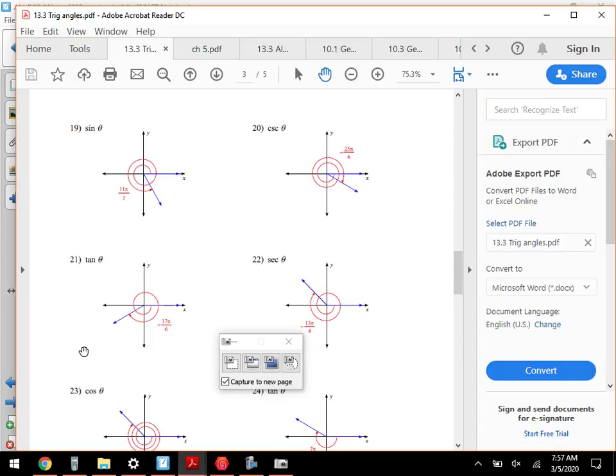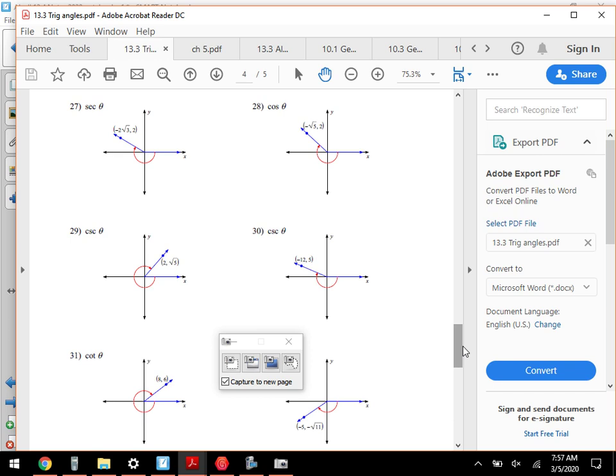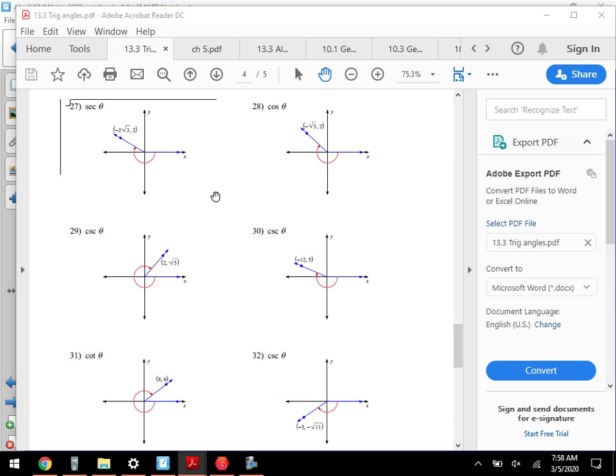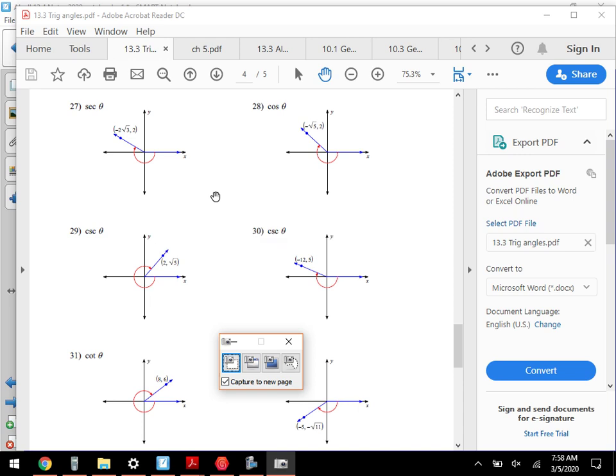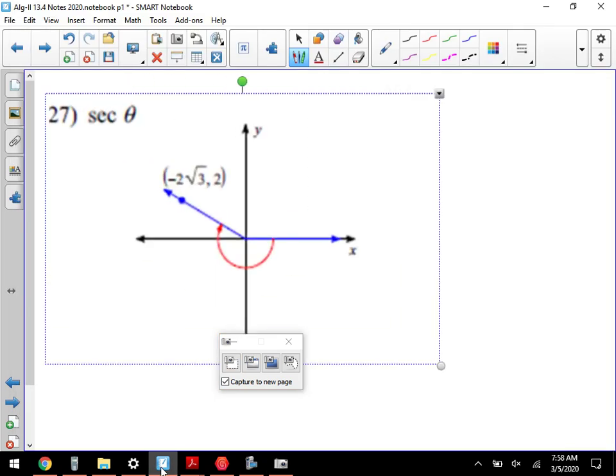Then we get down to the last bit. Trig of an angle, terminal sides. Yes, ma'am. 27. Secant of theta when you're placed here. Now, this is the style of problem where you have to remember how you set up and found your radius. Here, you have to draw the right triangle in.